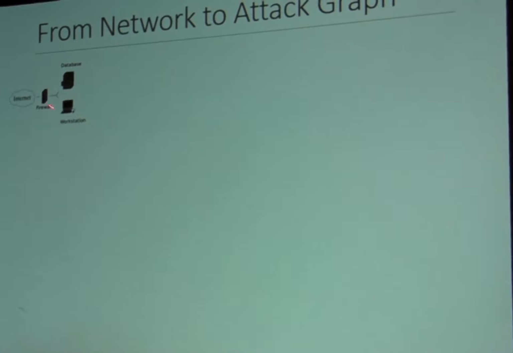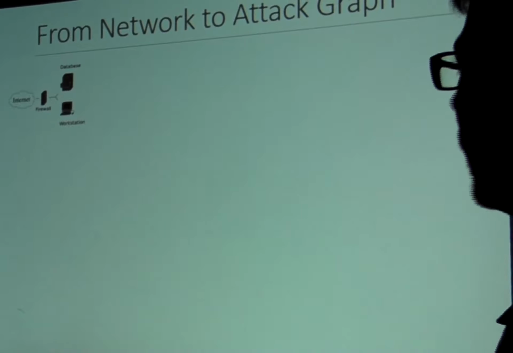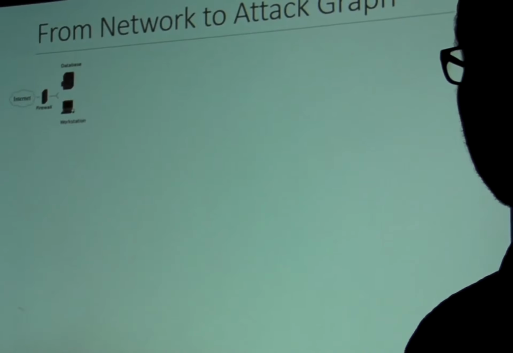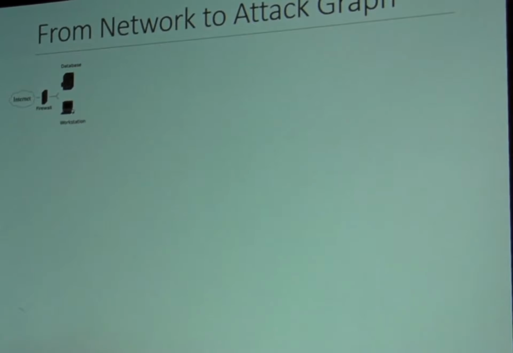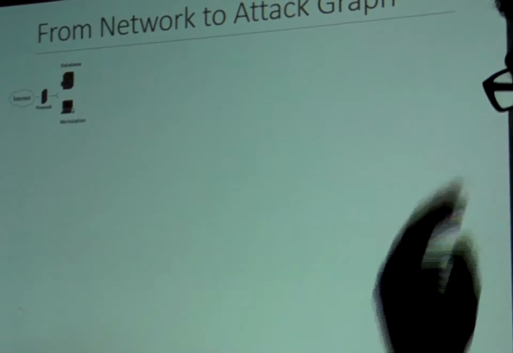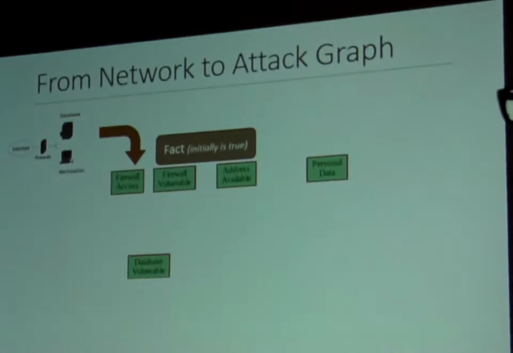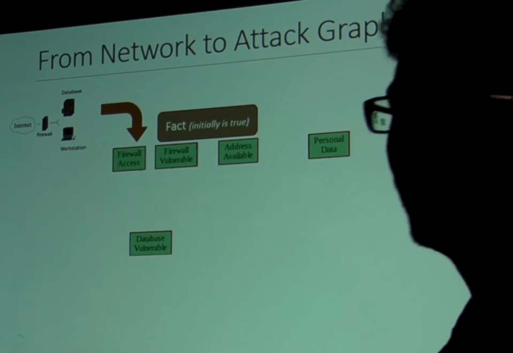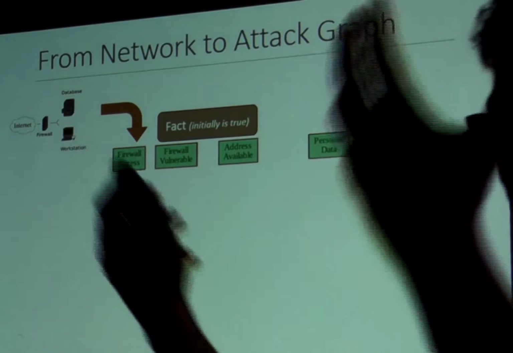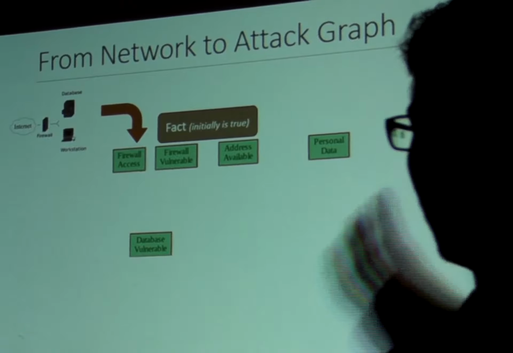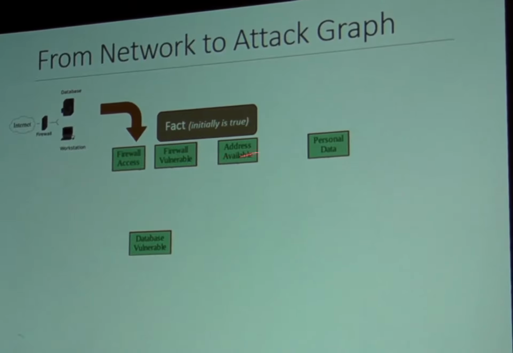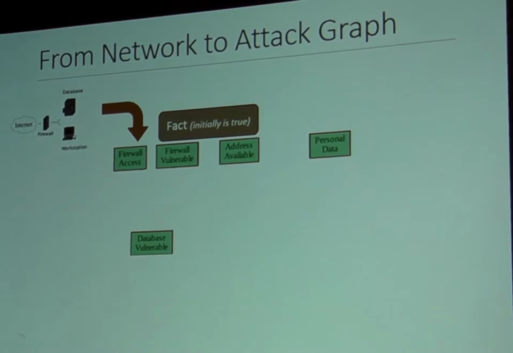So for a given network, you're probably familiar with Nessus and MulVAL tools that generate attack graphs. So I will do this faster, skipping a little bit. We use MulVAL to scan the whole network and generate an attack graph for each network, which is like a dependency graph of all vulnerabilities. And so these are the fact nodes that are initially true.